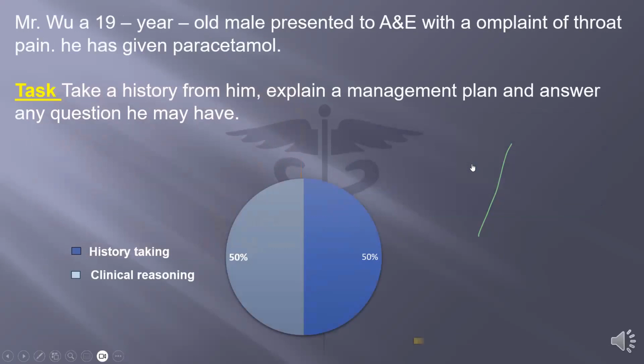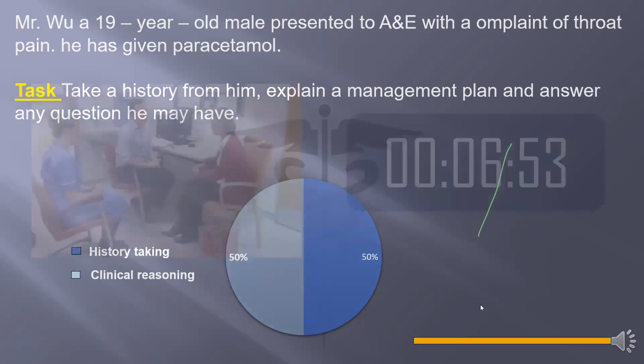This one. Anyone to practice? A very simple station, throat pain. Oh, we did it already, right? We did it, right? Okay. Yes, I'm sorry, we did it, so we don't need to practice this one.